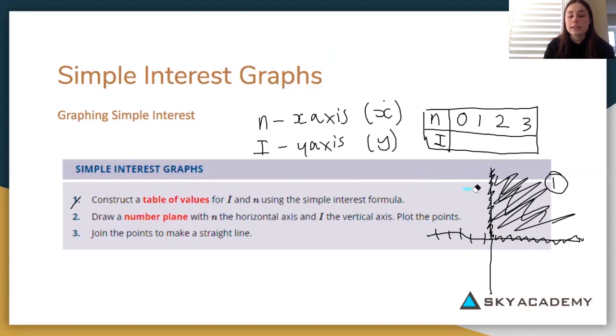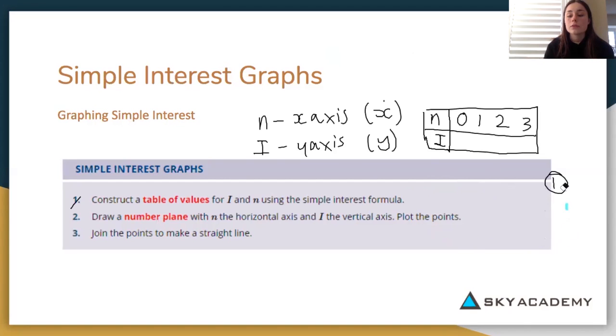When you're drawing a simple interest graph, you only have to draw two axes: your one y-axis and one x-axis. Our y is our interest and our x is our time period N. Once you've drawn your number plane in this top quadrant, you can then join the points to make a straight line.